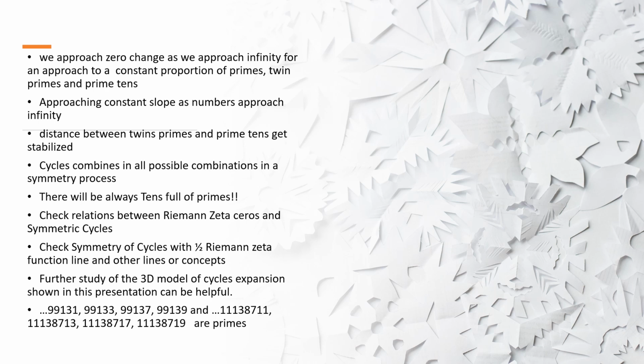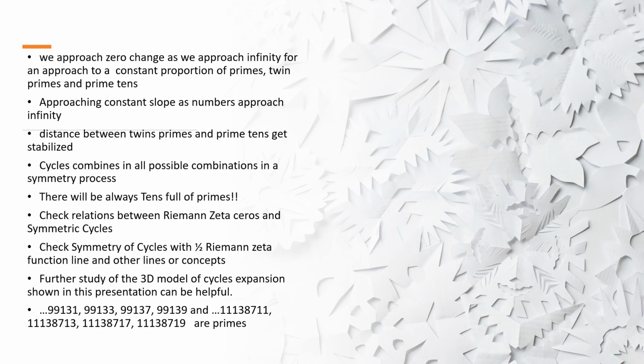Check relations between Riemann zeta zeros and symmetric cycles. Check symmetry of cycles with the 1/2 Riemann zeta function line and other lines and concepts. That's in the imaginary plane, right?